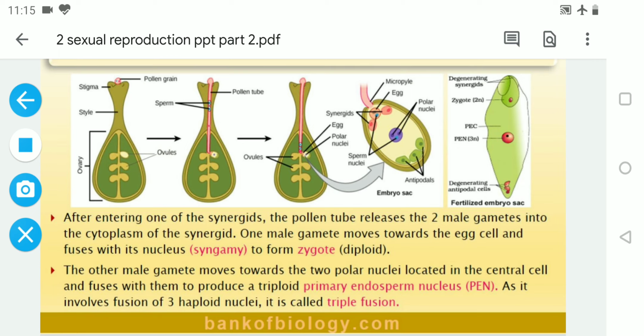By the fusion of these, the triploid primary endosperm nucleus forms, as it involves the fusion of three haploid nuclei, that means totally 3n. It is called triple fusion. Remember double fertilization and triple fusion. Got it? Then only it will be considered as the fertilized embryo sac.